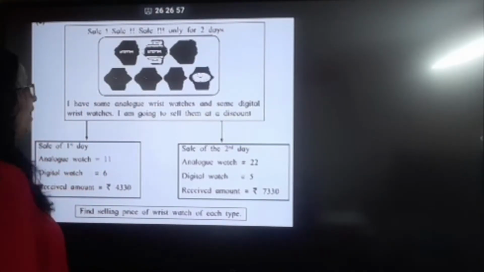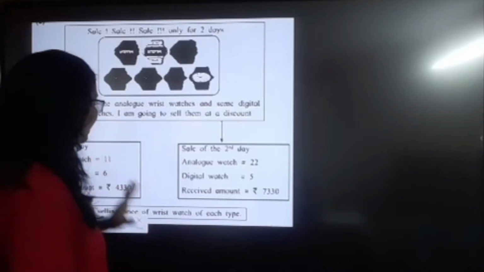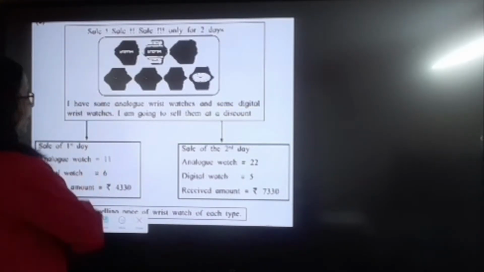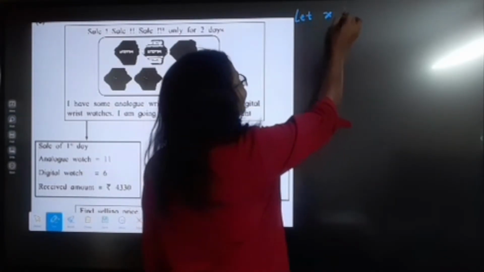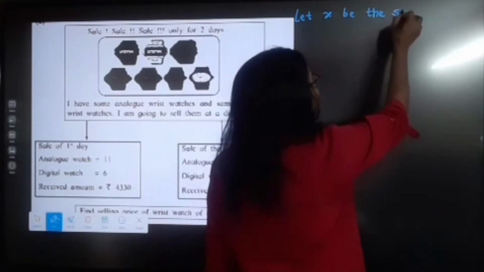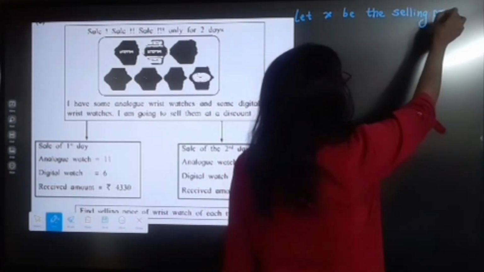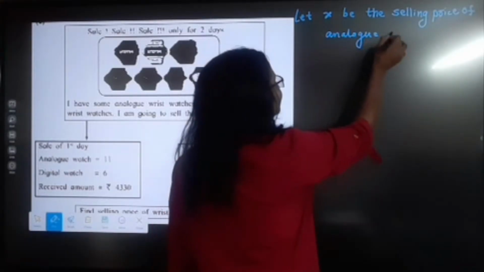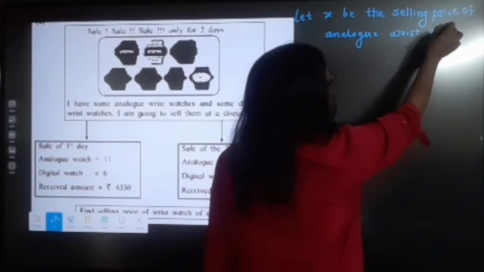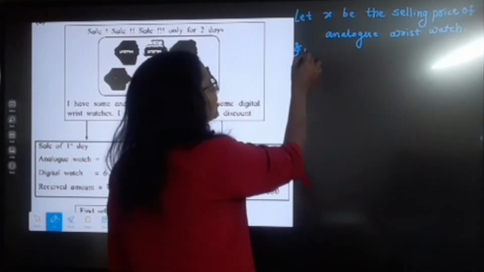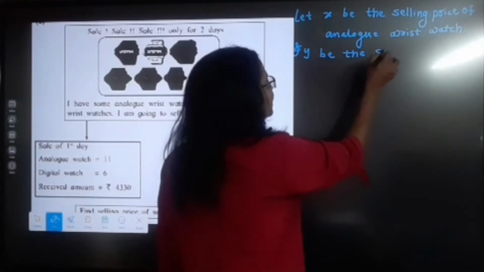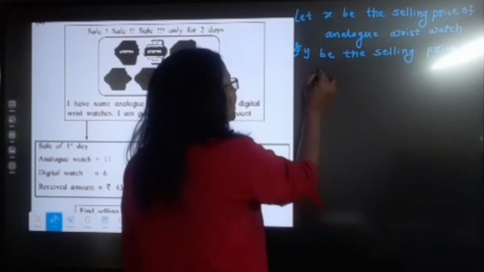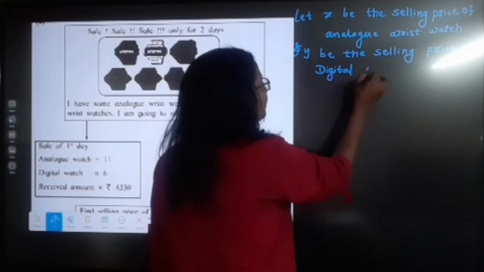First I write down: let x be the selling price of an analog wristwatch, and y be the selling price of a digital wristwatch.